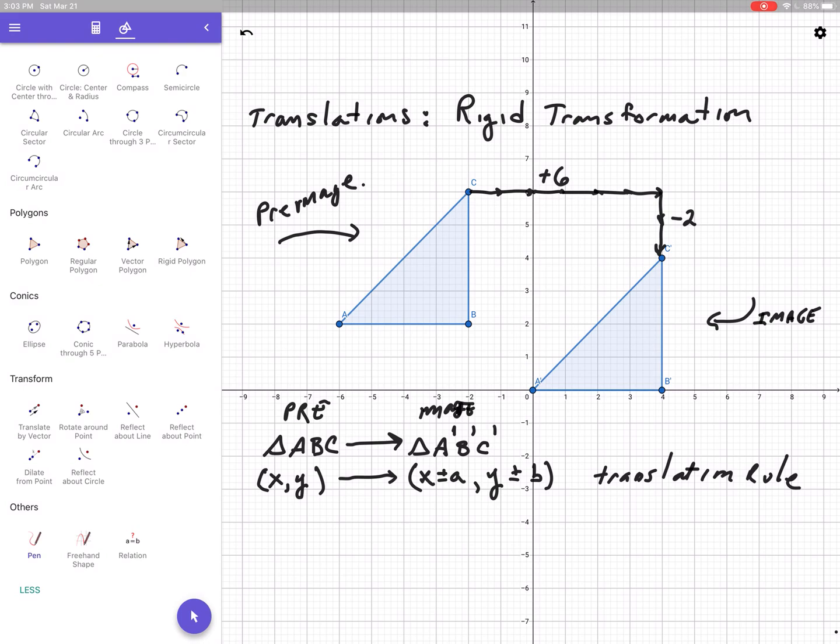If this pattern follows for every single vertex, B and A going to B prime and A prime, then we have our translation rule. So we go over 1, 2, 3, 4, 5, 6. Well, that's good. We're still at plus 6. Let's see if we're down 2.